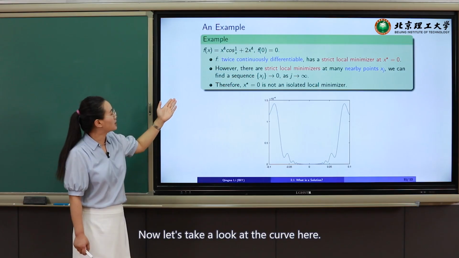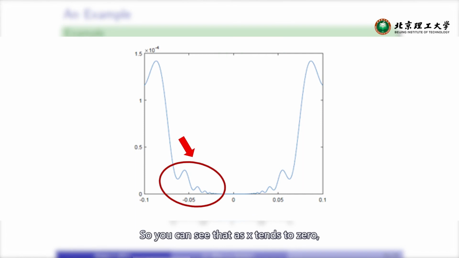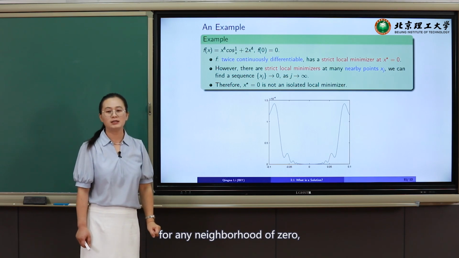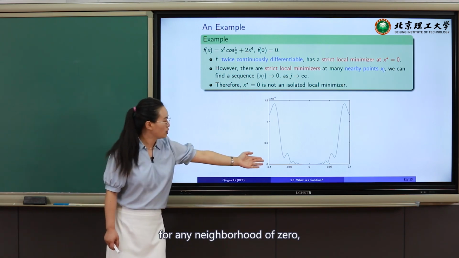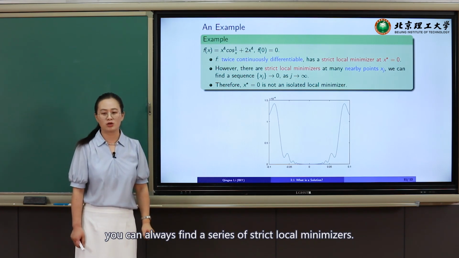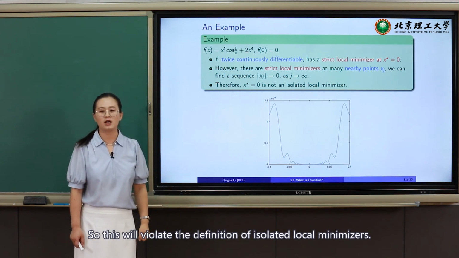Now let's take a look at the curve here. You can see that as x tends to 0, there are many valleys for this function, and each bottom of a valley is a strict local minimizer. In other words, for any neighborhood of 0, you can always find a series of strict local minimizers. This violates the definition of an isolated local minimizer.